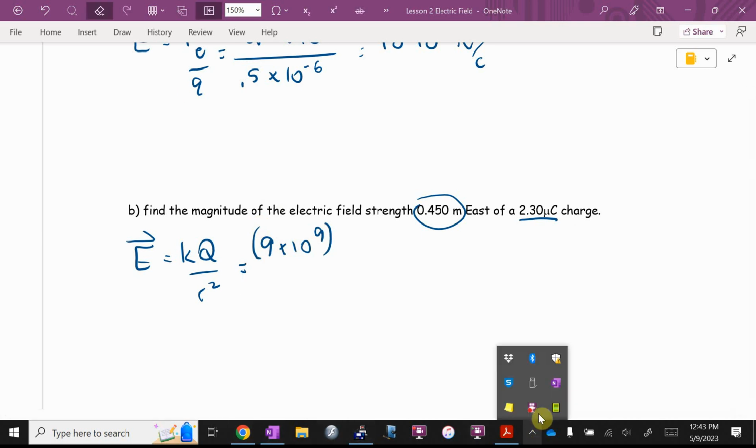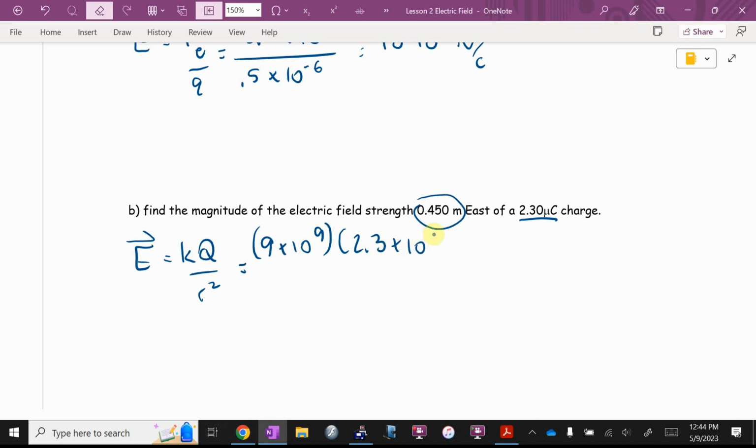Pause for 1 second. What's Q? 2.3. Hannah, what does micro stand for? 10 to the. Yep. All over 0.45. Don't forget the squared. In both of these, I just asked for the magnitude. The reason is I haven't yet taught you how to find the direction.